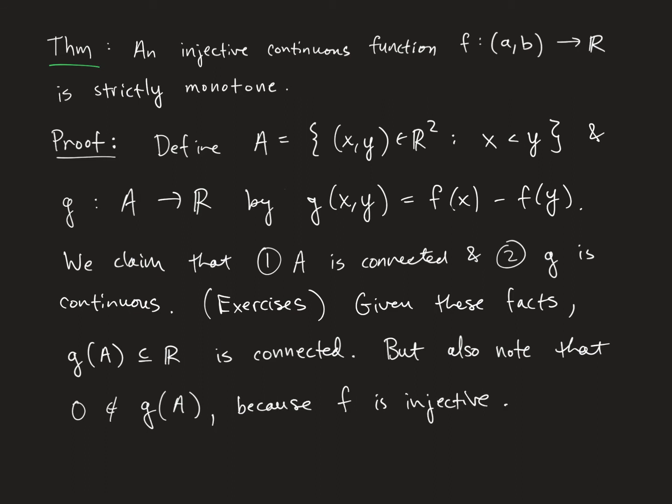And now we just use the characterization of connected sets in R, which says that if you have any 2 points in a connected set, then every point in between has to be in there.